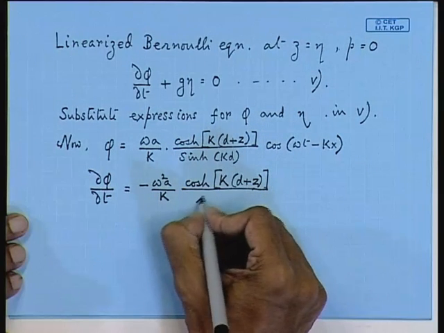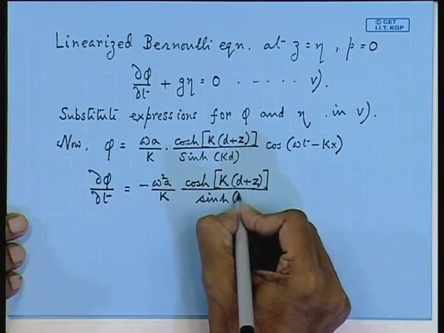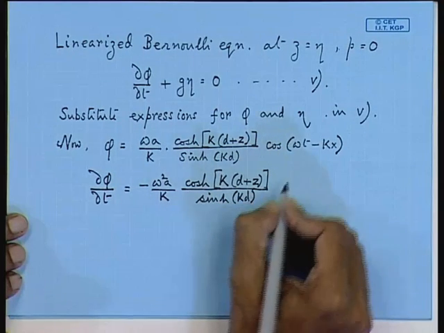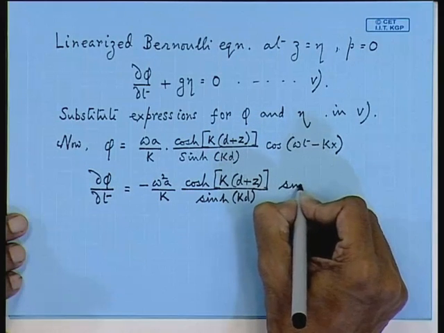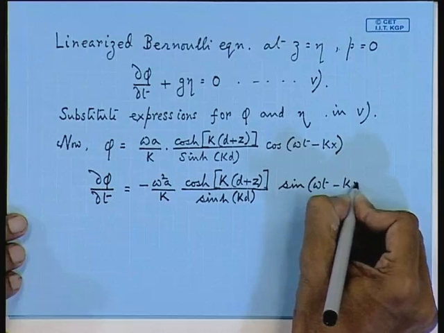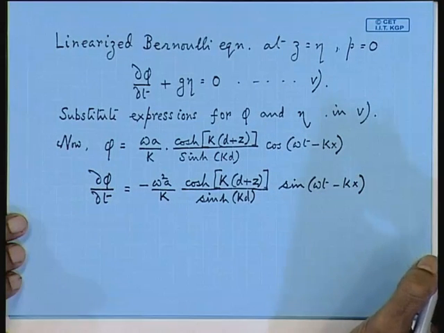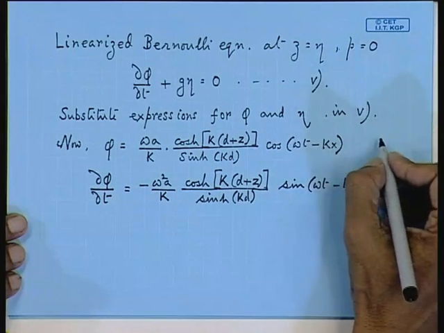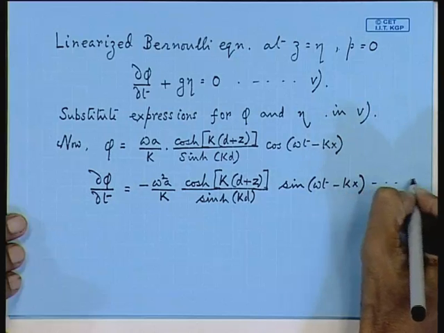Now, what else is there? This will be sinh of k d, and instead of cos this will be sin of omega t minus k x. Now, the other expression will be what? Let us get this as equation 6.